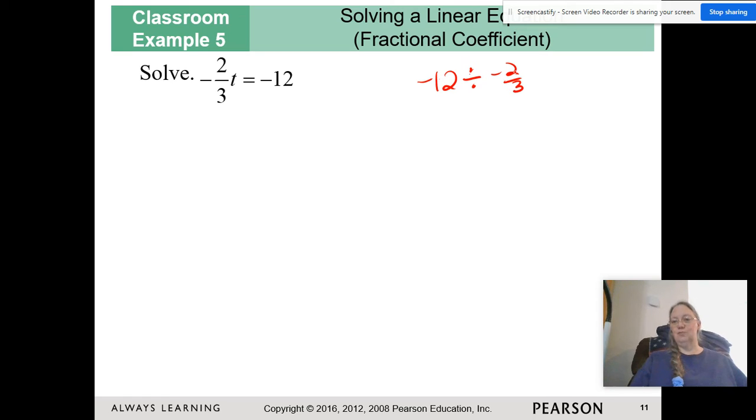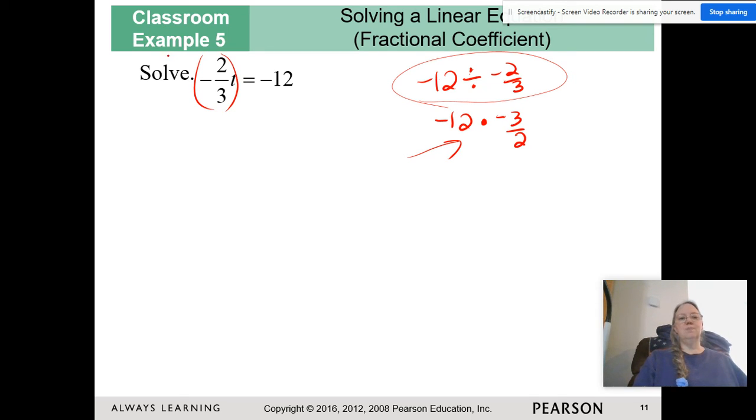Remember the keep, change, flip? That's equivalent to multiplying by negative 3/2. So we're going to skip this step and go straight to this step. We're going to multiply both sides by negative 3/2, which will cancel out this side, and I get t.